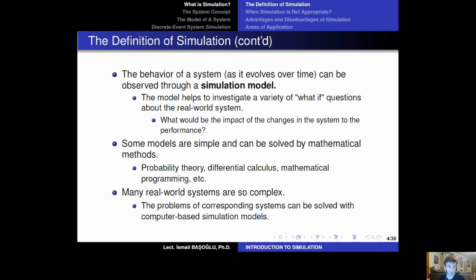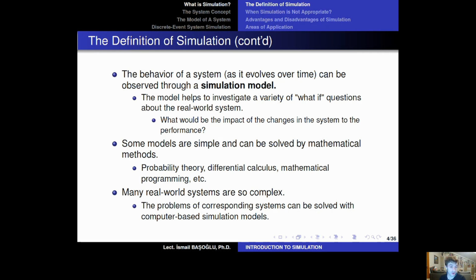Okay. Now, there are models of systems which are very simple, and these models can be solved by mathematical methods. For example, the models that we use in probability theory. For example, a random variable is actually a model of a real life quantity. Or differential calculus. So a set of linear differential equations can model the behavior of the stocks in real life.